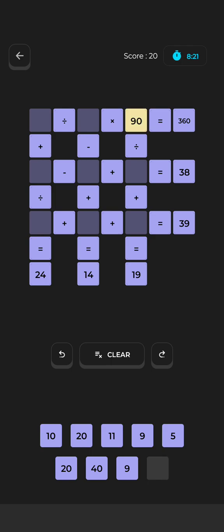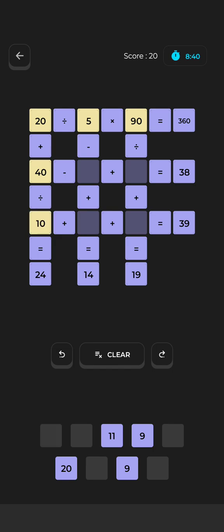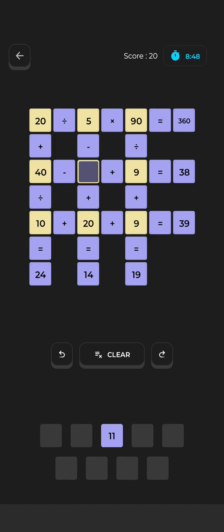So we get 90 and we have to get 4 in here. So I can find two ways, but since we have this sum and 24 is coming, 20 divided by 5, and here we'll have to get 4. So it will be 14 and 10, and in here 90 divided by only 9 is there, so 10 plus 9, 19 plus 20 and 11.